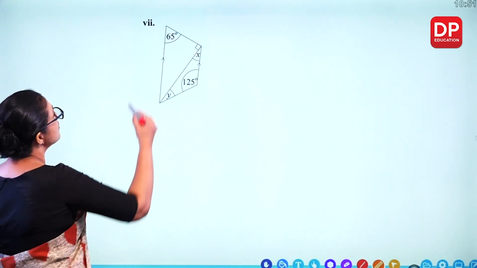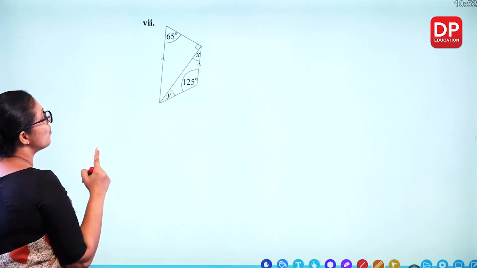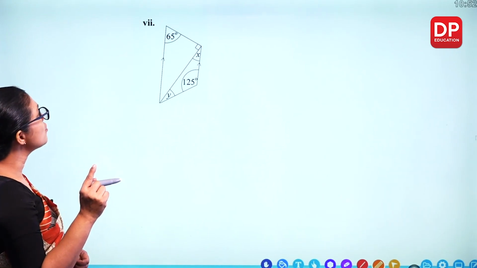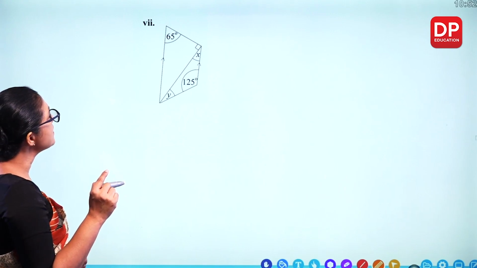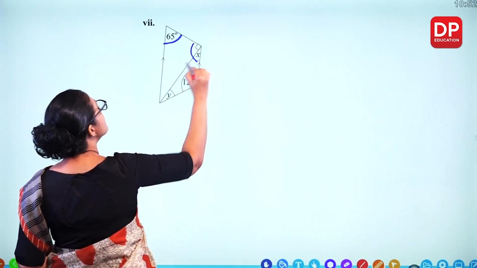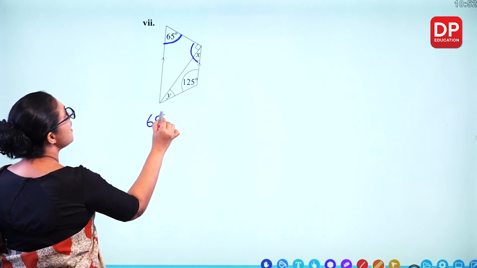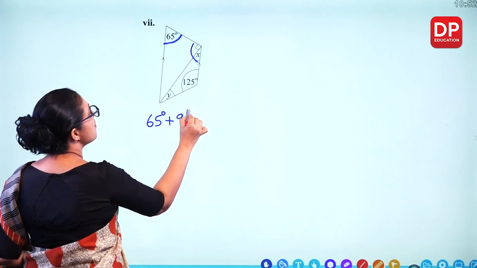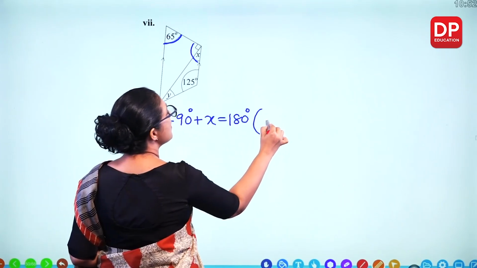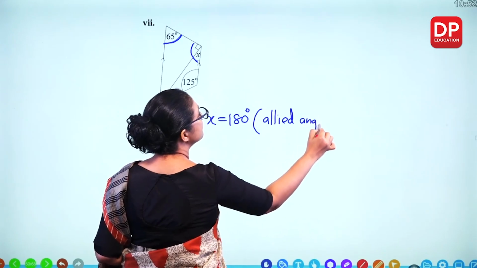In this diagram, the two parallel lines are there. We know sum of allied angles is equal to 180 when the two lines are parallel. So, this and this both are allied angles. So, we can write 65 plus 90 plus x is equal to 180 because of allied angles.